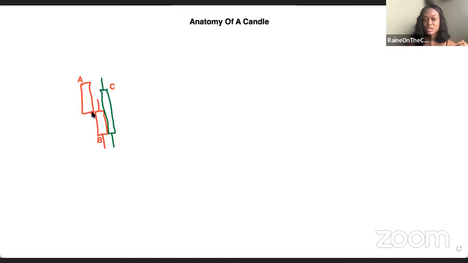And where's the closing? The bottom of the body. Yes, perfect. But we know that before it closed, price traveled up here, down here, and finally it settled here.